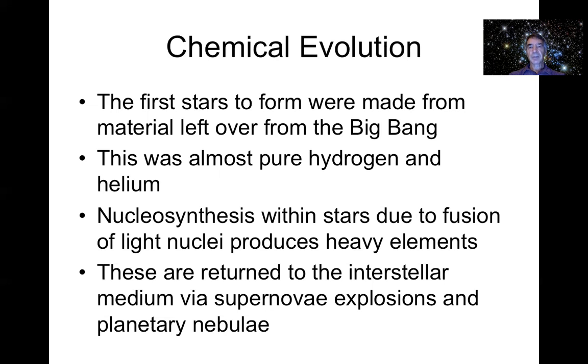A star made out of the very first stars will just have been hydrogen and helium. But at the end of their lives, they will have made some more helium and a whole bunch of other heavier elements. And that enriched material will have been returned out into space by the processes at the end of a star's life.